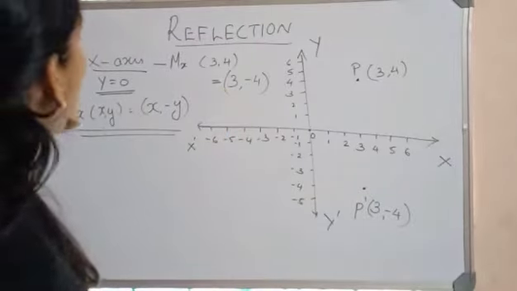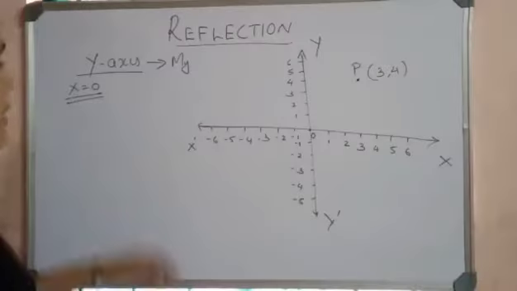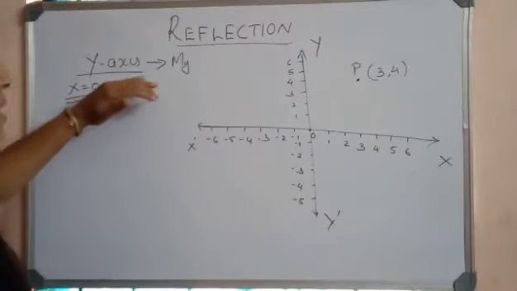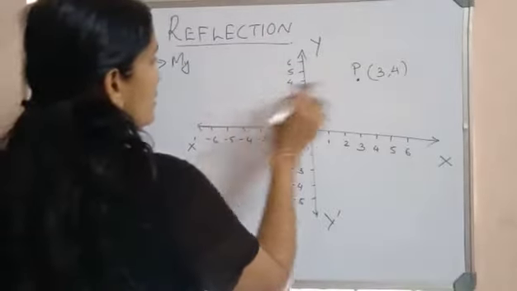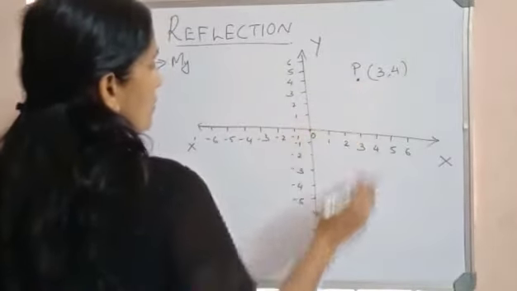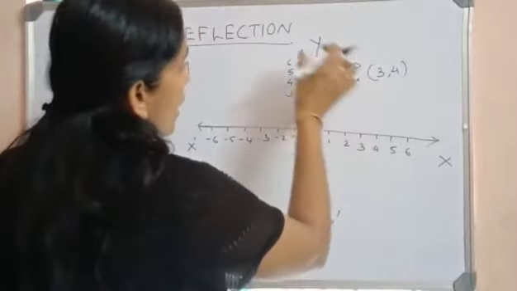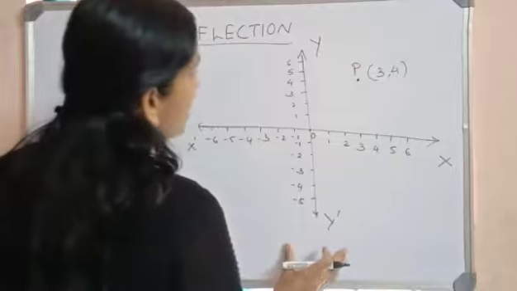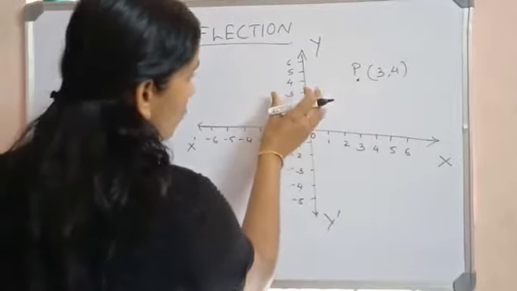Now let's see the reflection which takes place in the y-axis, that is My. The same point we can consider, (3, 4). As I have told you, here the y-axis is the mirror line or the mediator. The point P is reflected in the y-axis.